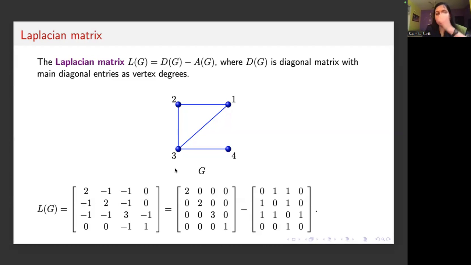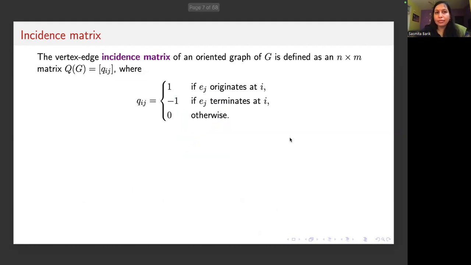Now I'll speak about another matrix that will also be used to define the Laplacian matrix. That is the incidence matrix. So the vertex-edge incidence matrix can be defined for an undirected graph, but here we'll put an orientation on the graph G. Any arbitrary orientation you can give to your original graph G so that it becomes directed, and then define this matrix in this way.